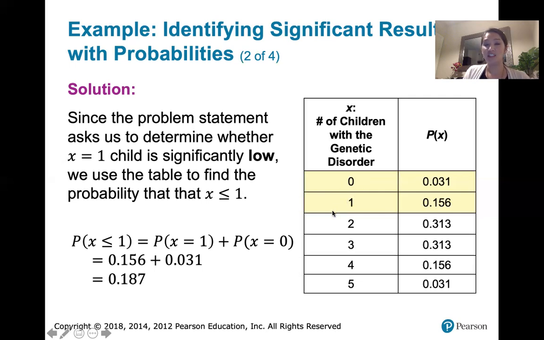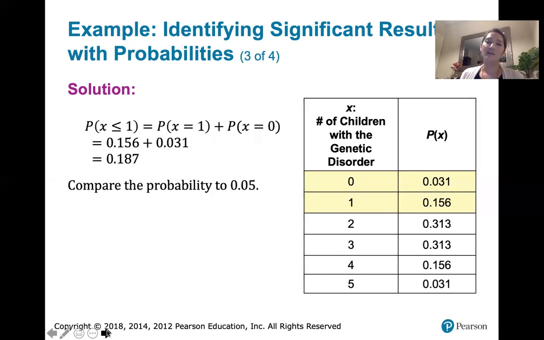And then according to the addition rule, we just add those two probabilities together to get the probability that X is equal to 1 or X is equal to 0. The probability that X is equal to 1 is listed here in the table. You just write that down. The probability that X is equal to 0 is this. You write that down, and then you add them together and you get that. So the probability that X is less than or equal to 1 is 0.187.